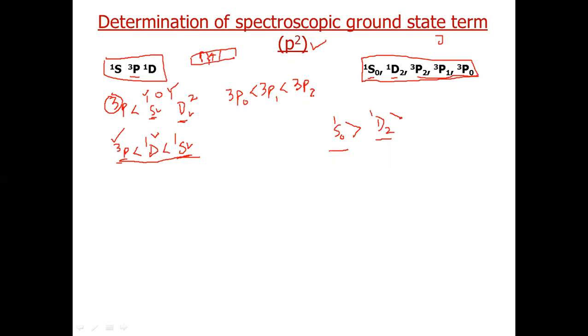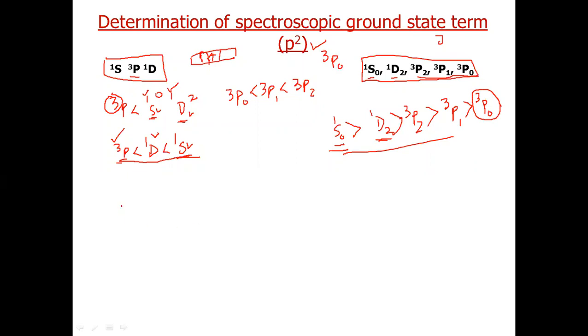So the complete order becomes: 1S0 has the highest energy, then 1D2, then comes 3P2, then comes 3P1, then comes 3P0. So now what is the ground state? The state which has the lowest energy is called the ground state. So the state with the lowest energy is 3P0. So for the p2 system, 3P0 is the ground state.